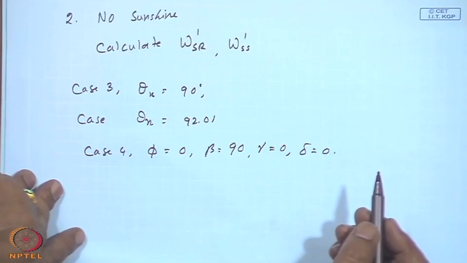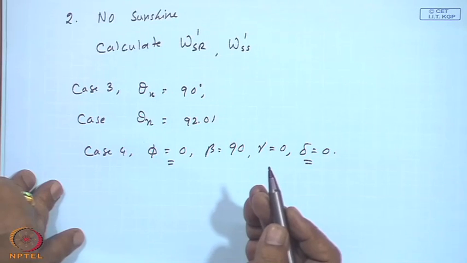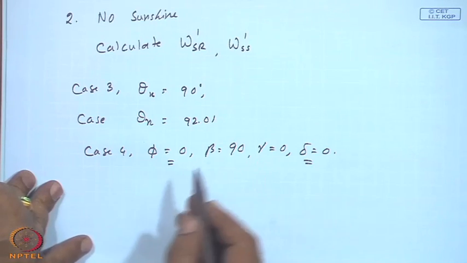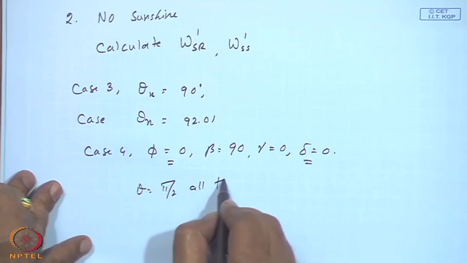So, it is a vertical surface, delta 0, phi equal to 0. So, theta should be equal to pi by 2 at solar noon, like in case number 3, but since it is the equator, theta is equal to pi by 2 all the time.